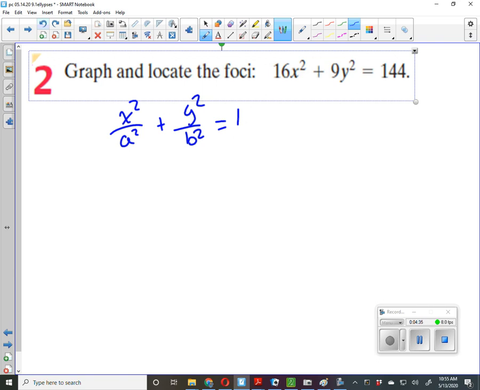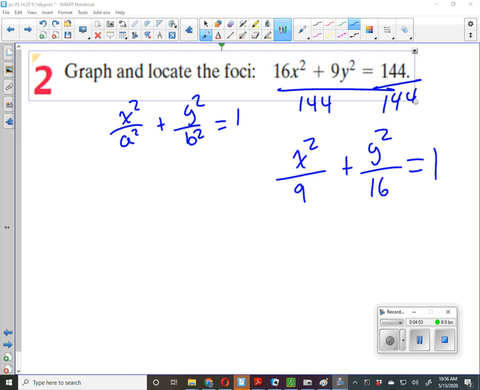But we need to put this in that form. And so the one key factor here is that 144 needs to be a 1. So if I divide that by 144, I'll end up with the same equation looking differently. And again, if you just simply divide, you end up with two separate fractions.